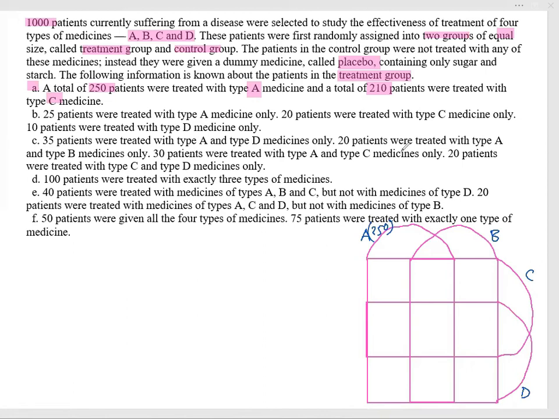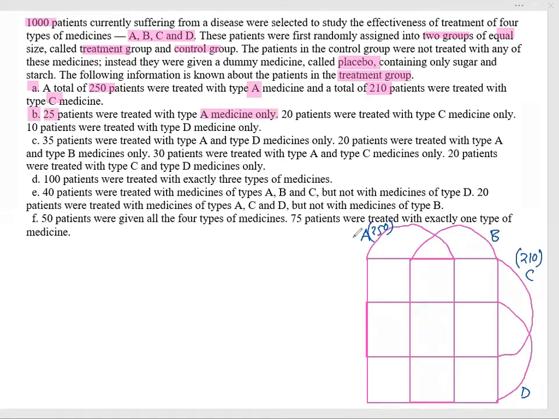Type C, 210. Second point B, 25 patients were treated with type A medicine only.